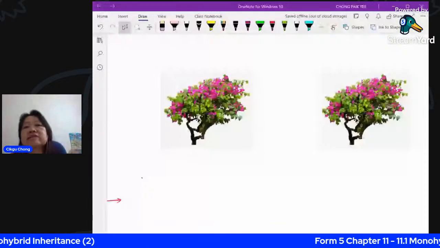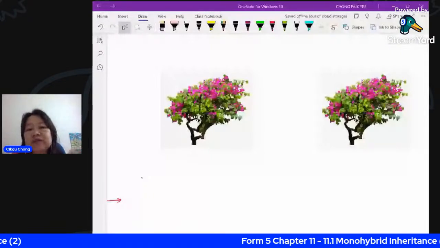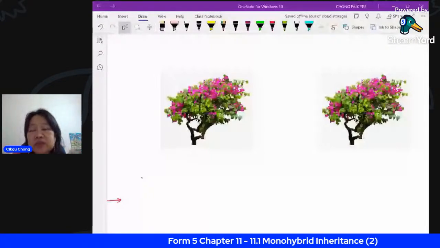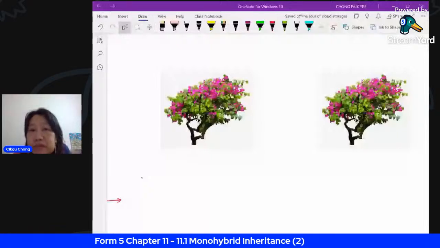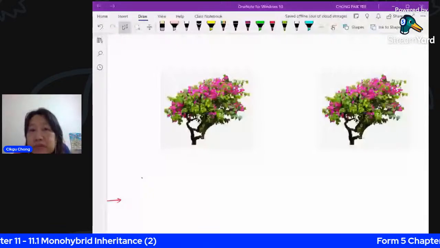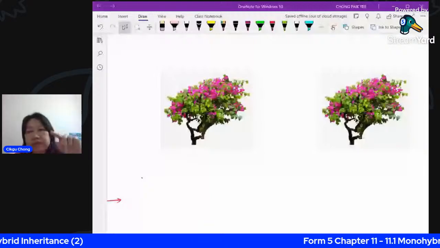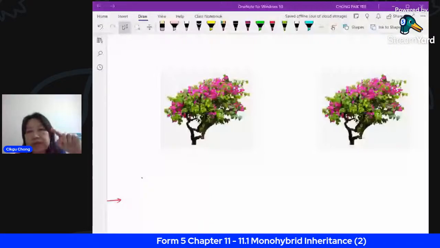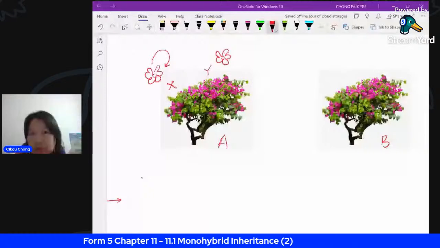This is if the flower is bisexual. Bisexual means it has both male and female parts. So the pollen grain from the flower drops back onto the stigma of the same flower. This is called self-pollination. This is quite clear, of course, self, isn't it?